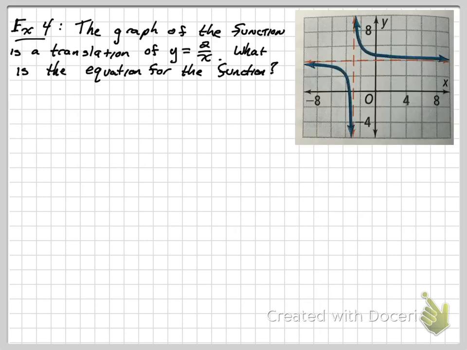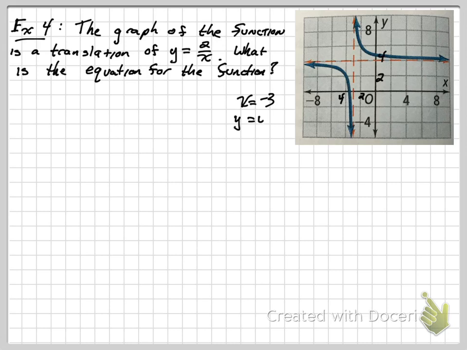Example 4 talks about the graph of the function as a translation of y equals 2 over x. What is the equation of the function? Look at your asymptotes again. What is my vertical asymptote? These go by 2, so that's really 2, that's really 4. It's halfway between, so x equals negative 3 is my vertical asymptote. What's my horizontal one? I'll go up here: 2, 4.